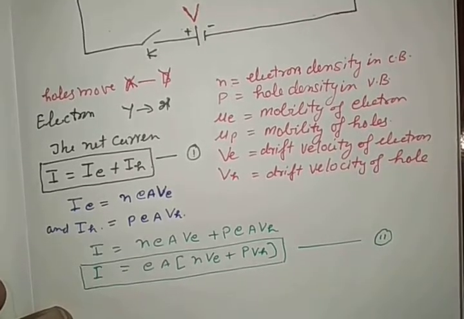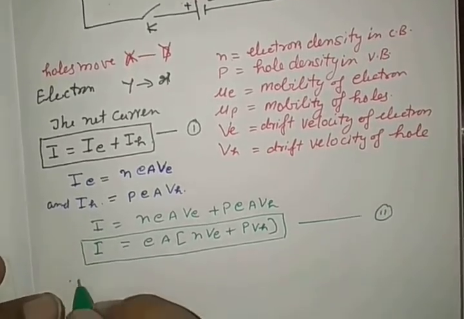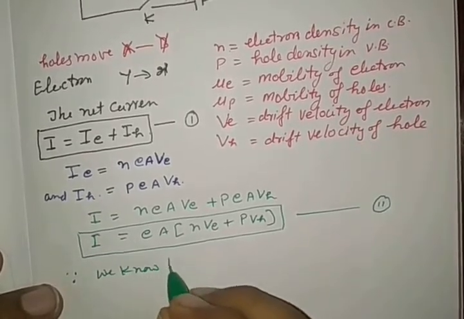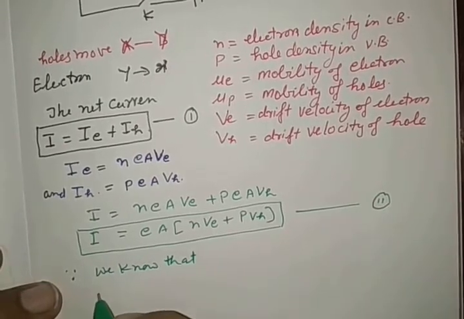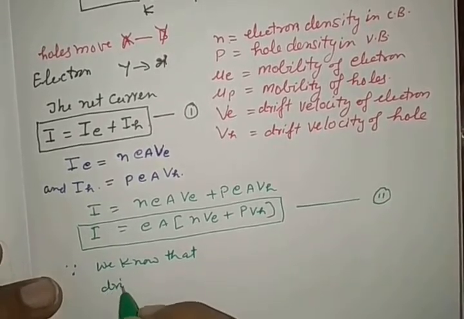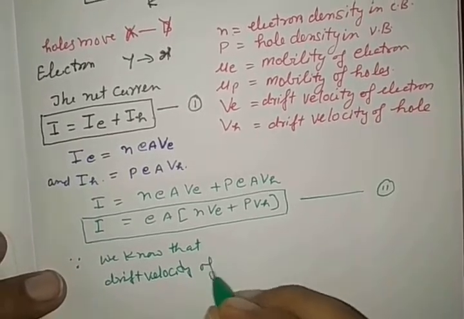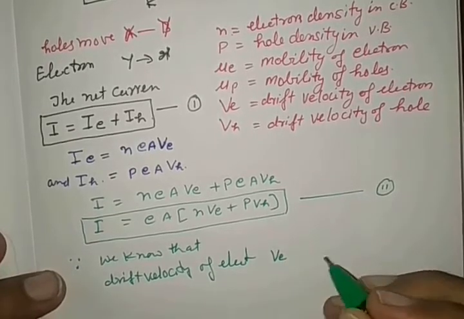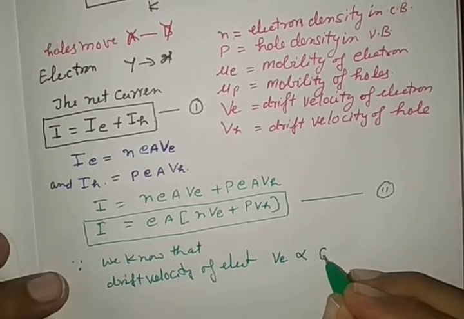Now see carefully. We know that the drift velocity of electrons V E is directly proportional to the applied electric field.